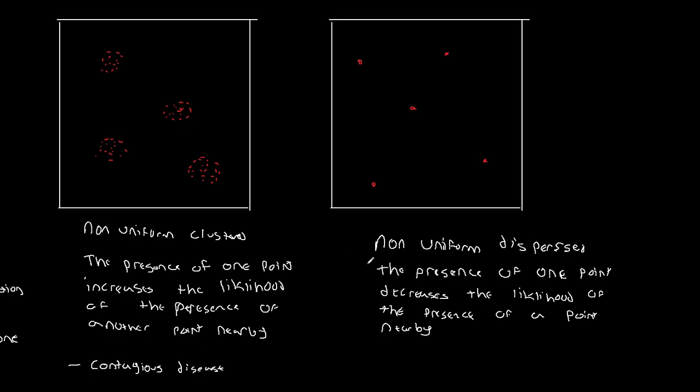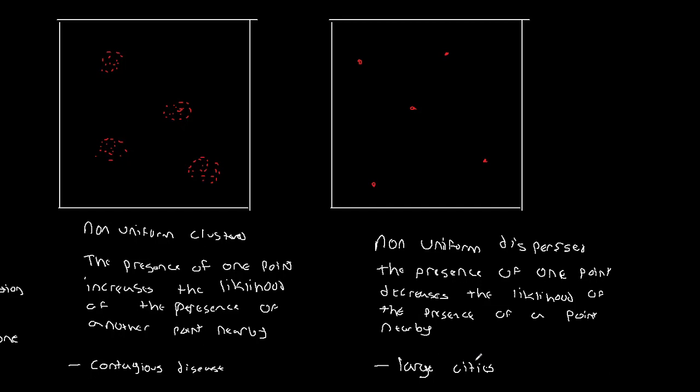So a good example of this would be large cities. If you think about large cities like Detroit, Chicago, New York, Los Angeles, large cities are a great example of a non-uniform dispersed distribution, because you can imagine, if you have a large city like, say, Chicago, all of the resources that are present in Chicago make it less likely that another big city is going to sprout up nearby, because they wouldn't have the resources necessary to compete.